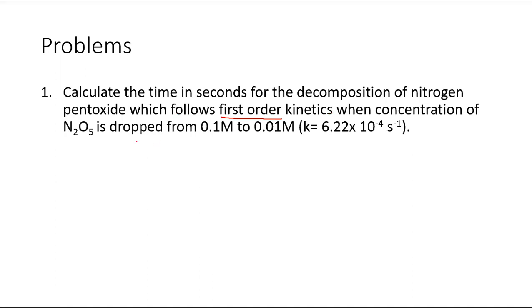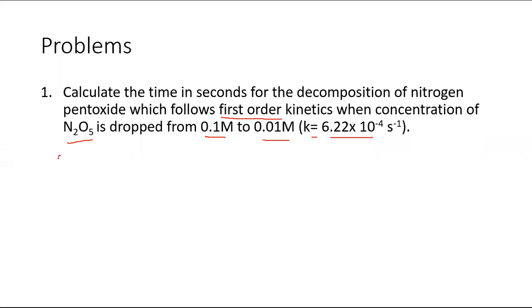When concentration of nitrogen pentoxide is dropped, that means decreased, from 0.1 molar to 0.01 molar. And the rate constant value is also given. So first we need to write the data clearly and what we need to calculate here. If you know how to write the data, then half of your problem will be solved. Then you have to write the formula and substitute the values along with the units.